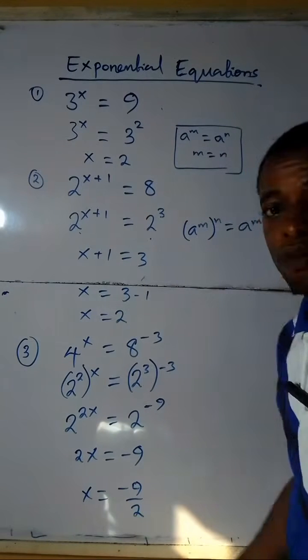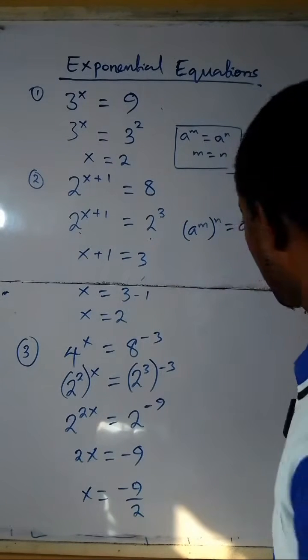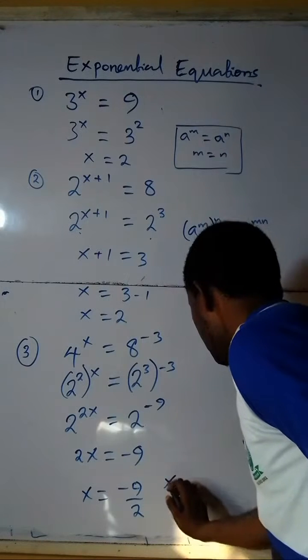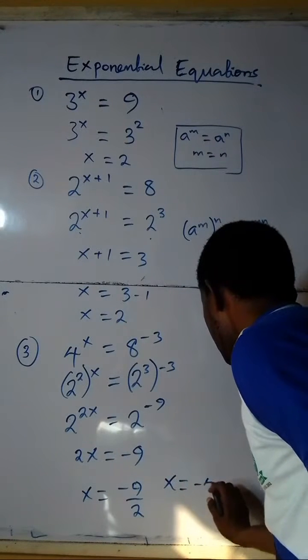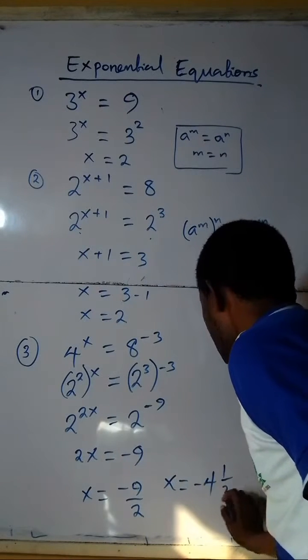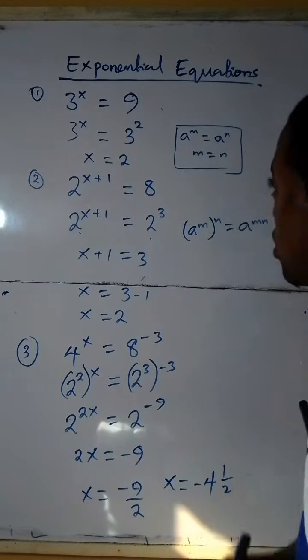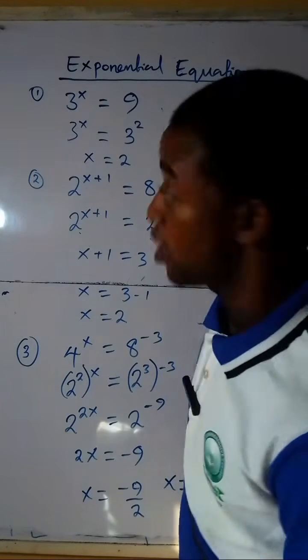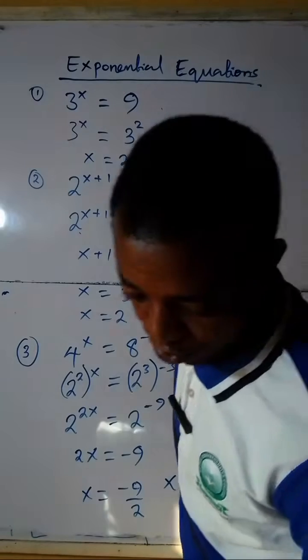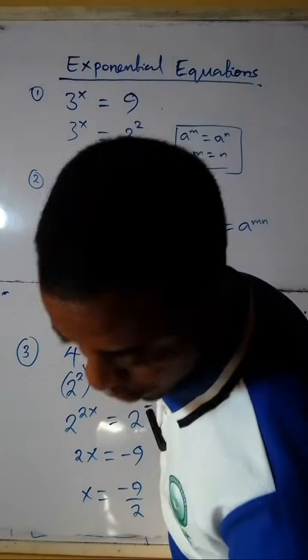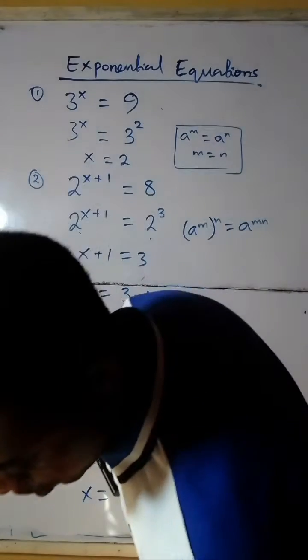And we can put it in mixed fraction, which is minus 4 and 1 over 2. So x equals to minus 4 and 1 over 2. So that is that. We are solving questions on the exponential equation now.